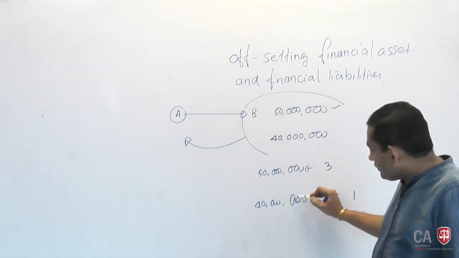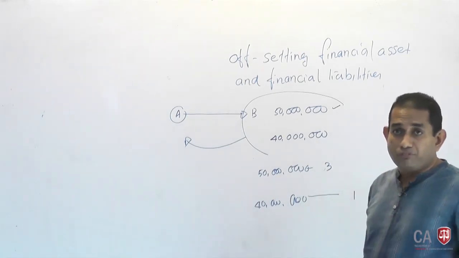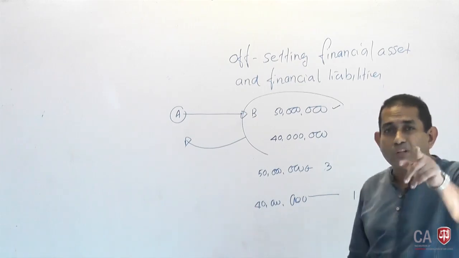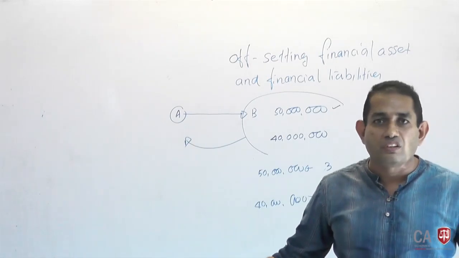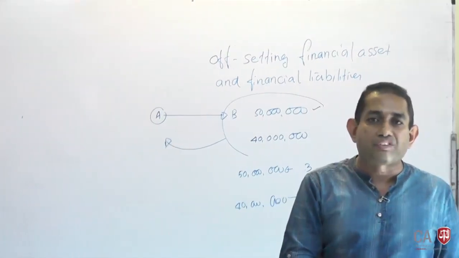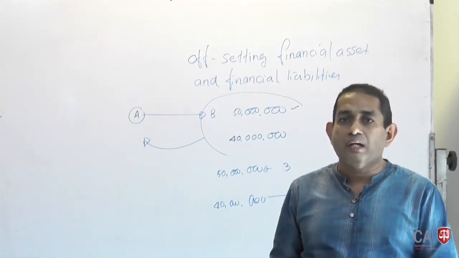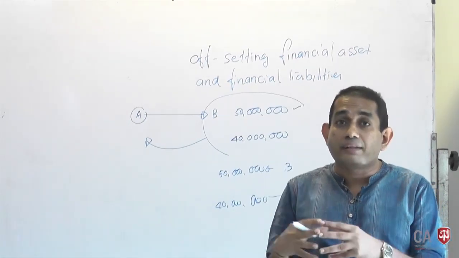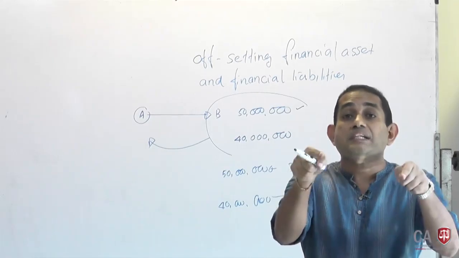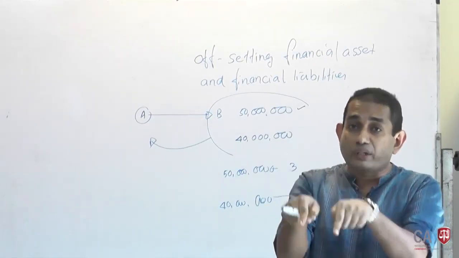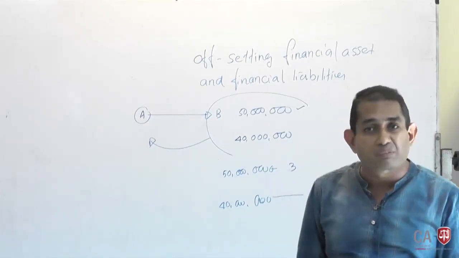The timings of the cash flows are different. If somebody prepares a cash forecast looking at the balance sheet and the profit and loss, there is a cash inflow in 3 months' time and a cash outflow in 1 year's time. If you net them off, is it in 1 year's time or in 3 months' time? The person who prepares the cash flow looking at the balance sheet and the profit and loss will be wrong.